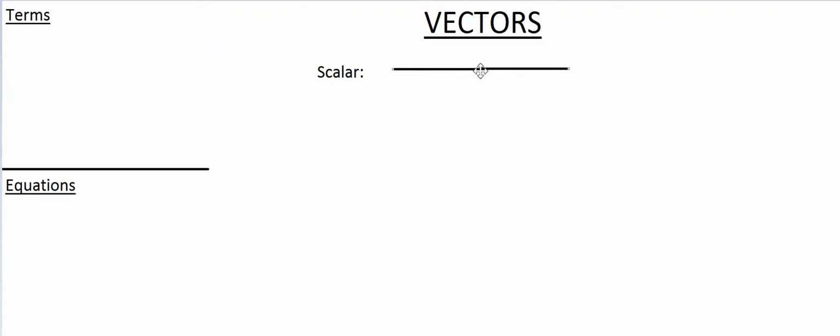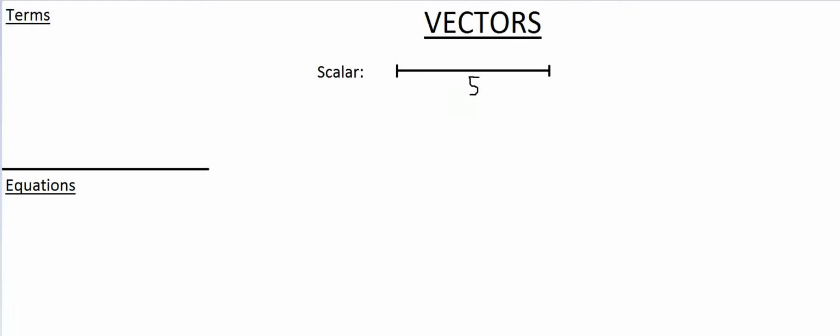For example, here's a line, and here's a scalar, and let's just say it has a magnitude of 5.